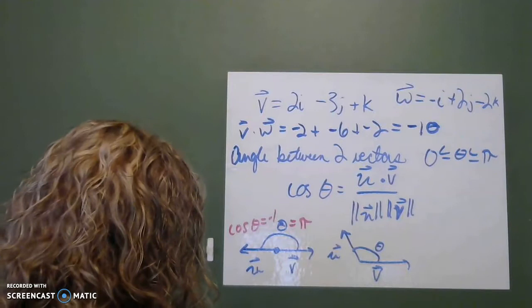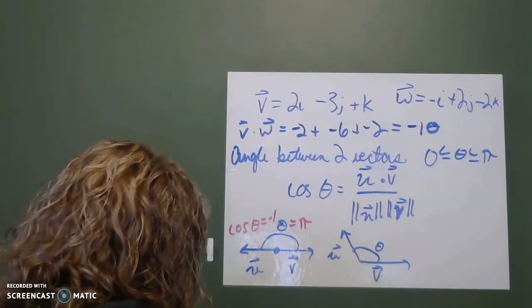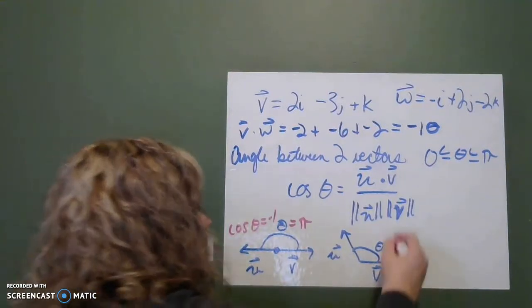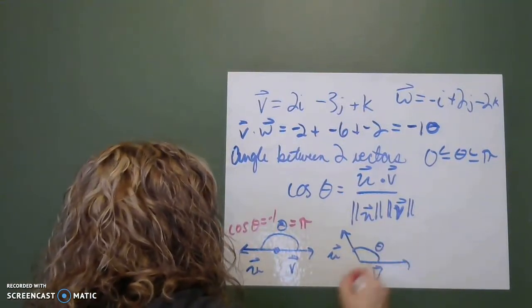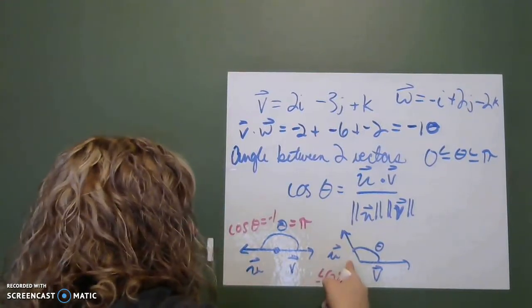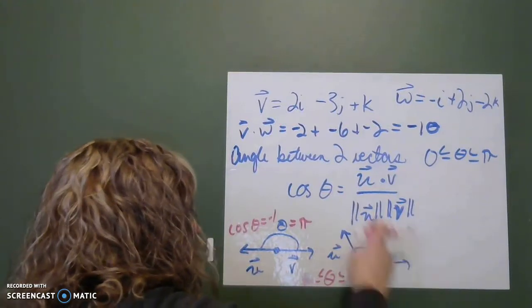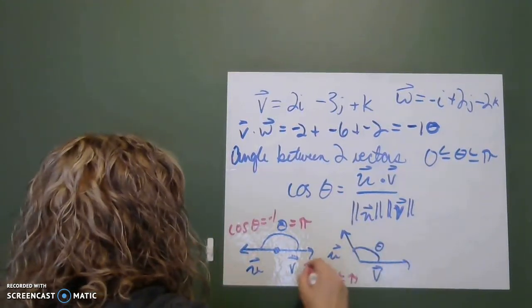So in this particular situation, if this is theta, then you know that it has to be in between pi, over here, and straight up and down, which is pi over 2.